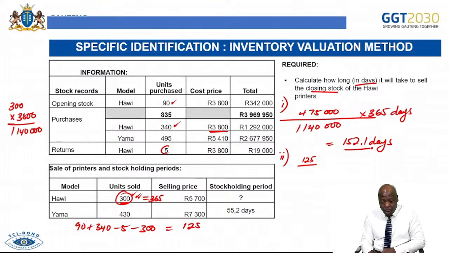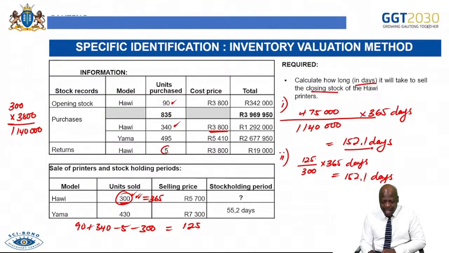So we say 125 over, this is what we want, over what we have, which is the 300, over the number of days it took to sell the 300, which is 365 days. And then it will still give you 152.1 days.